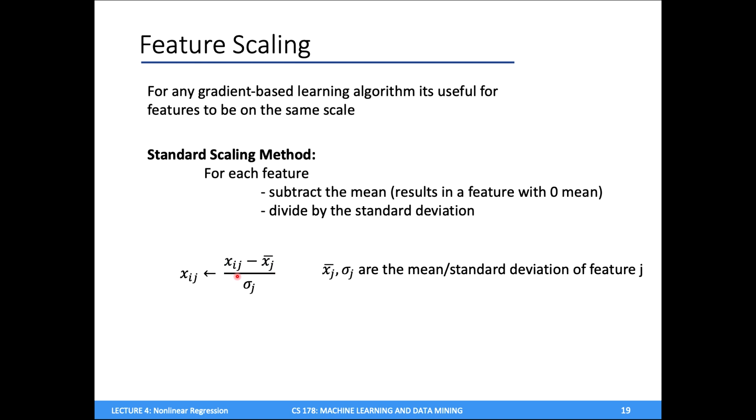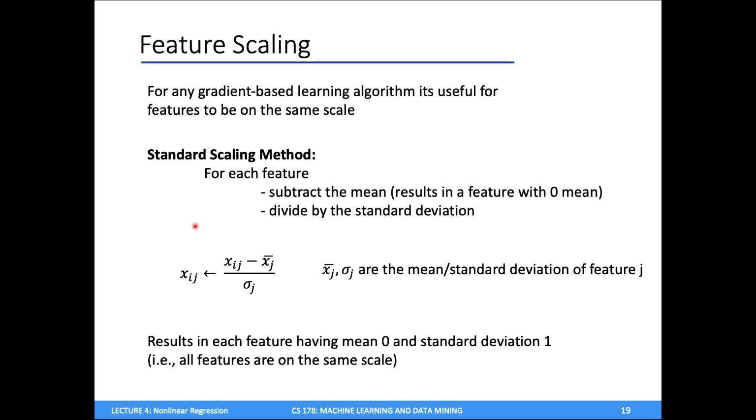From every patient's age, we subtract that average age. This has the result of centering these features so that they have 0 mean. And then we divide by the standard deviation of that particular feature, like the standard deviation of the ages in our data set. This makes it so that every feature now has mean 0 and standard deviation 1, and lets us have all of our features on the same scale.